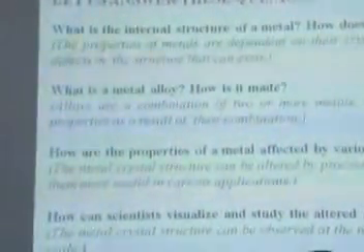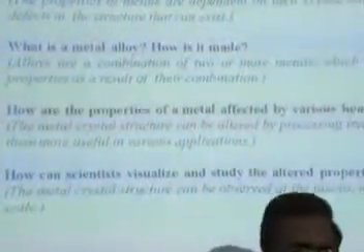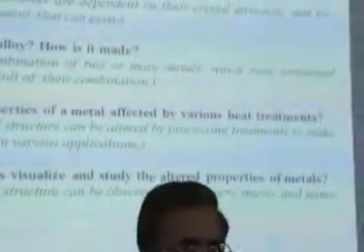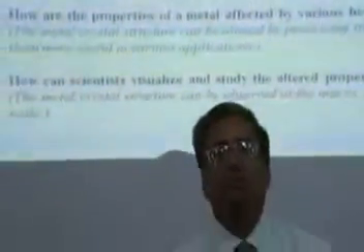Most of the structure has got certain defects, so depending on the defects, changes are to be there. Second question is, what is a metal alloy, how it is made. So one can see that alloys are a combination of two or more metal elements which have enhanced properties as a result of their combination.